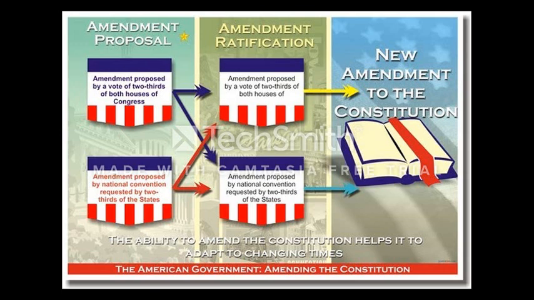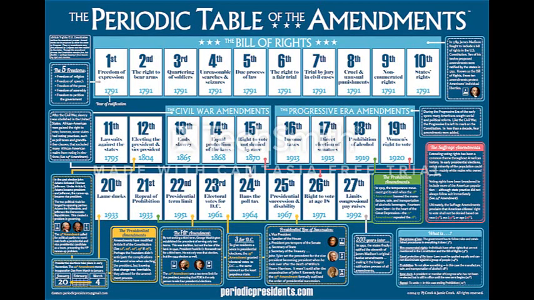Make sure you understand the basic ways that an amendment can be proposed and the basic ways that an amendment can be ratified. And then, of course, make sure you're familiar with, in general, the 27 different amendments that we find in the Constitution today, and in general, what each of those 27 amendments deal with.